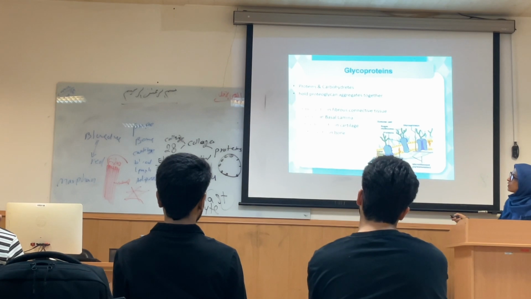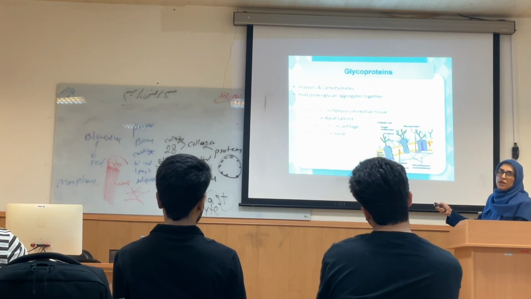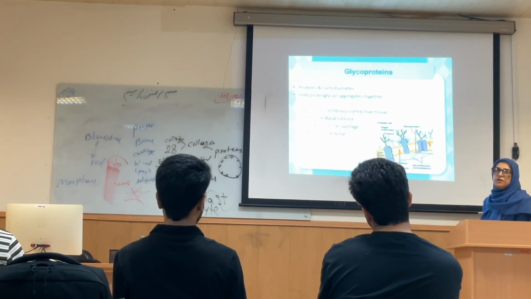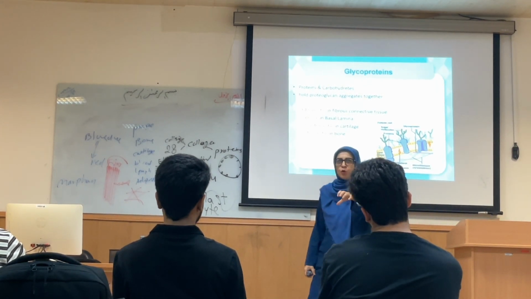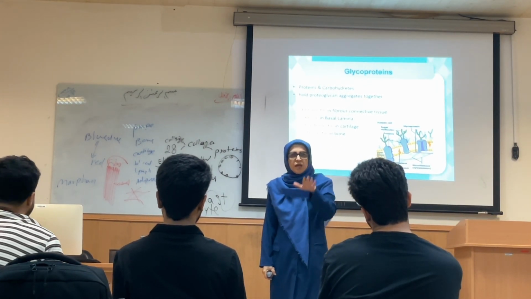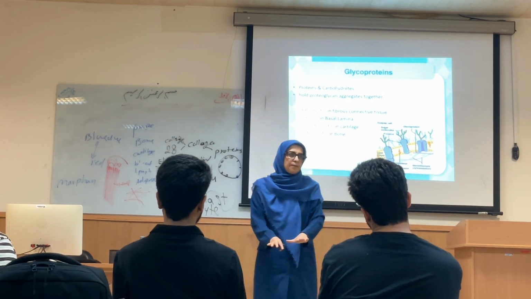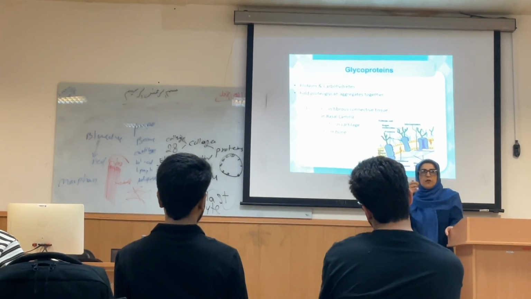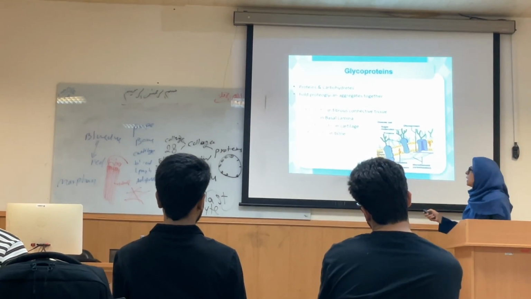There are different types of them in different types of connective tissue. Fibronectin is in proper connective tissue. Mostly they act as a glue that attaches the cells and fibers to the ECM. Fibronectin acts as glue for the attachment of the fiber to the ECM.